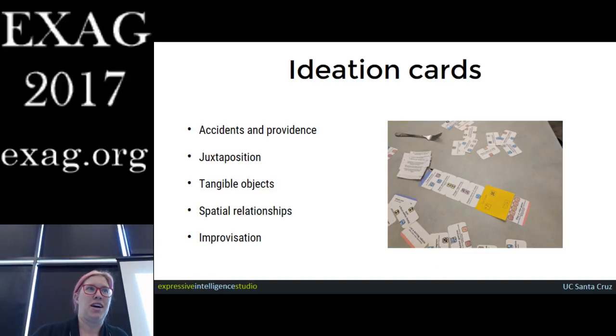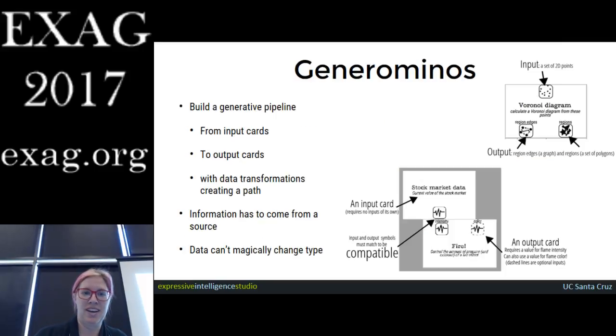My cards do, because they're actually building a pipeline. So the way these cards work, if you're able to hold on to one or see a deck, these are about building pipelines. You're going to use these cards to build a pipeline from the input cards, which have a red stripe in the top, to the output cards, which have a blue stripe in the bottom, with data transformations creating a path along the way.